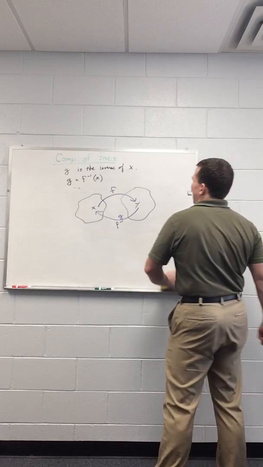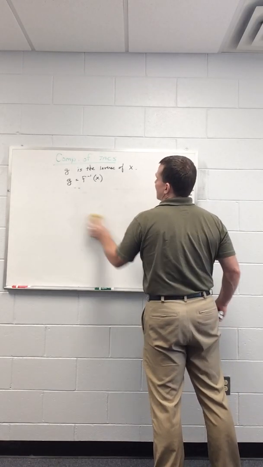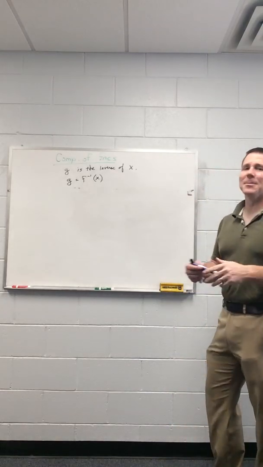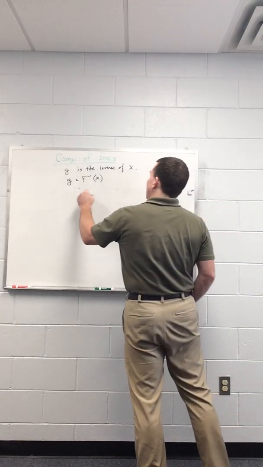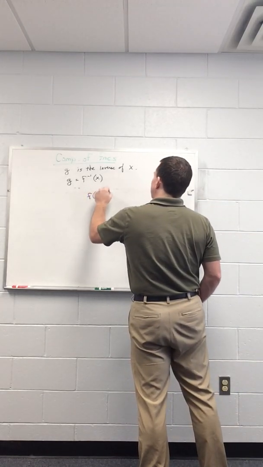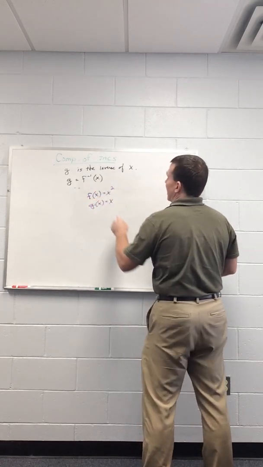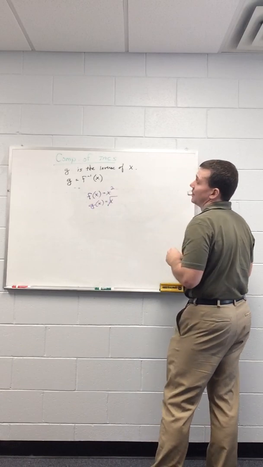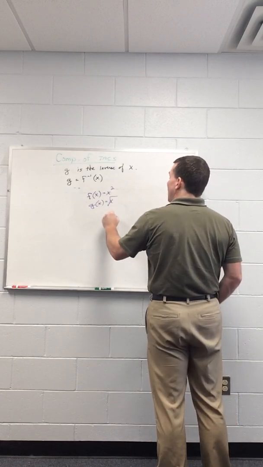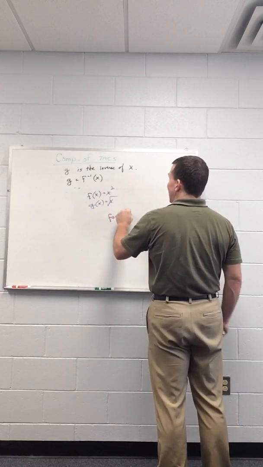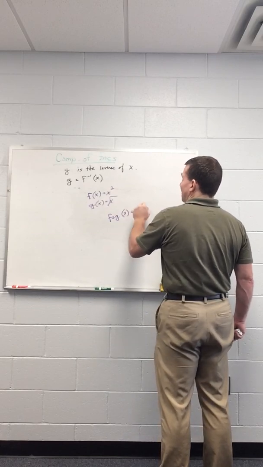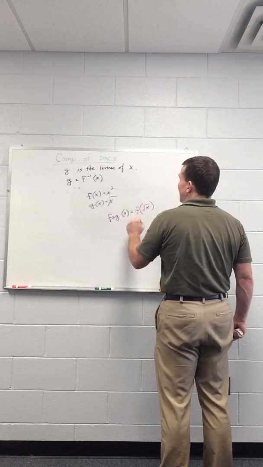With a little bit of thought about this and understanding, you can see some inverses pretty quickly. If I say f of x equals x squared, g of x equals square root of x. Now if I do f circle g of x, that's f of the square root of x.